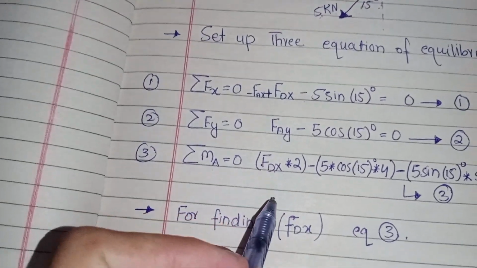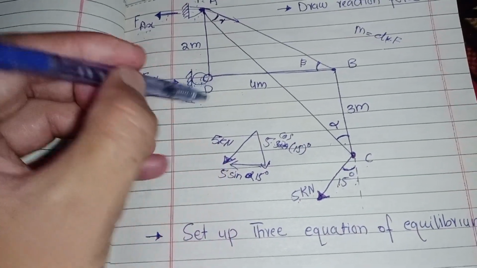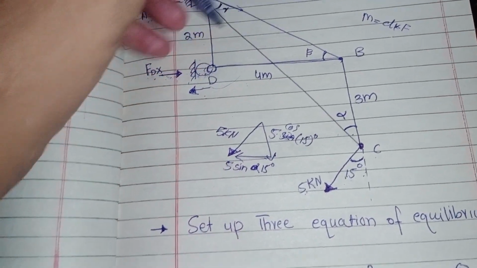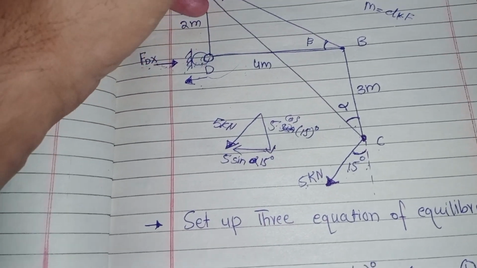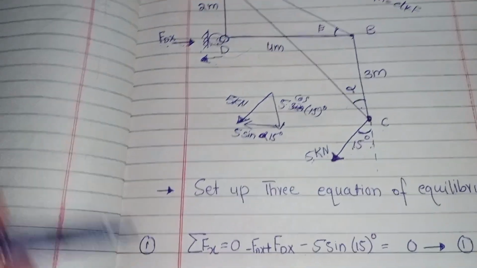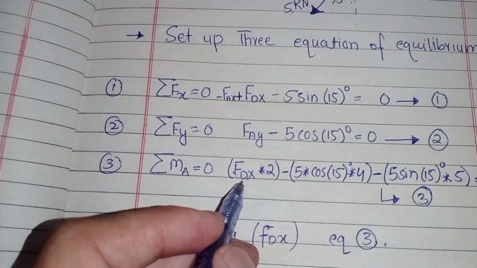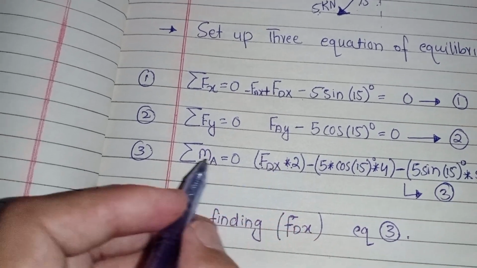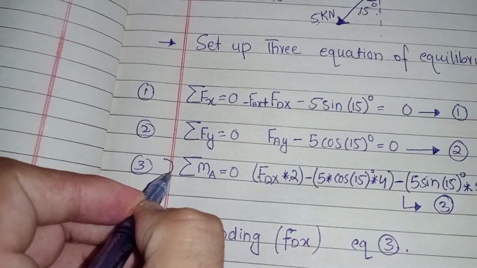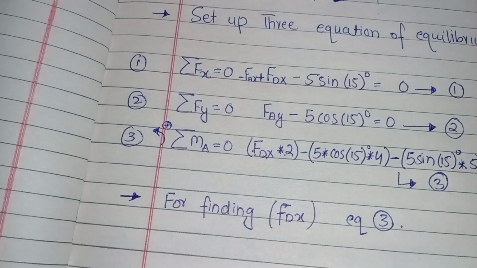So FDX, this reaction force which turns this truss clockwise, sorry, anti-clockwise. So I will write FDX into 2, anti-clockwise will be positive, let's say anti-clockwise will be positive.